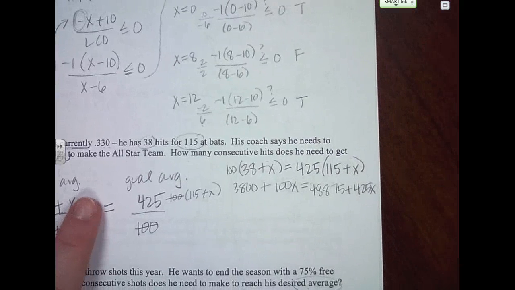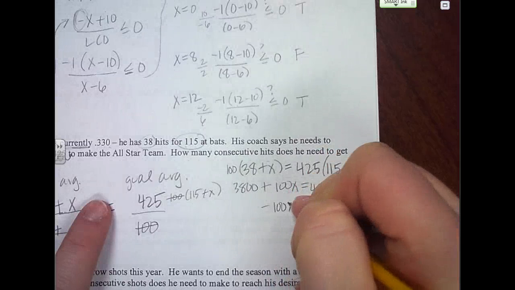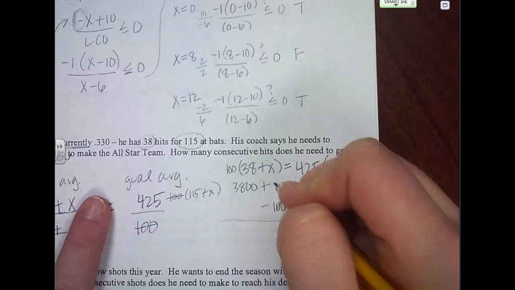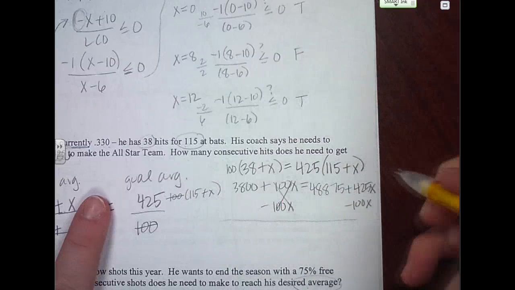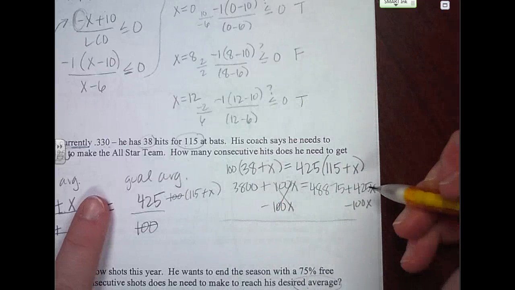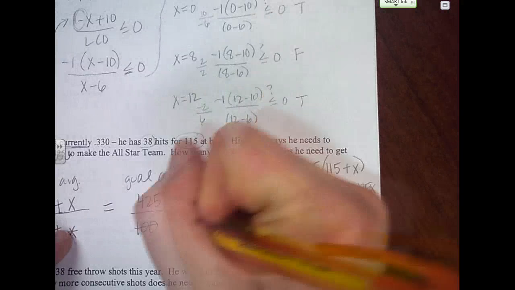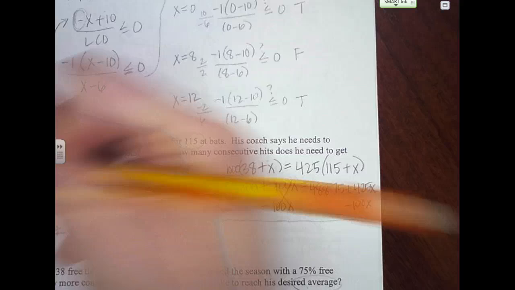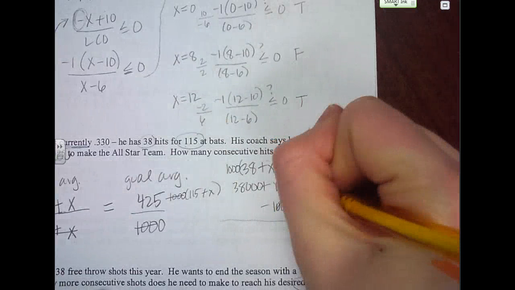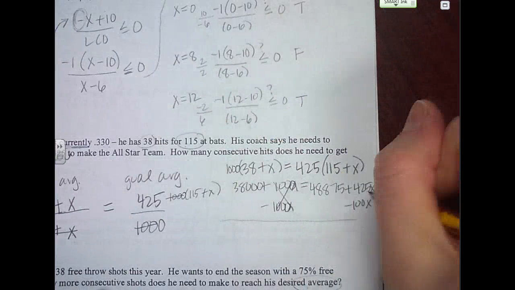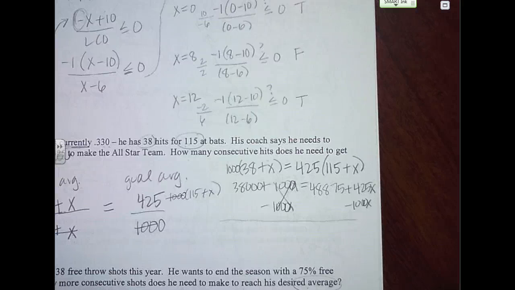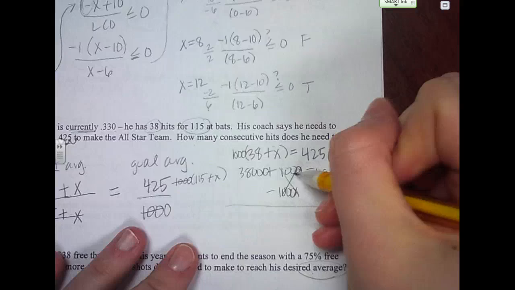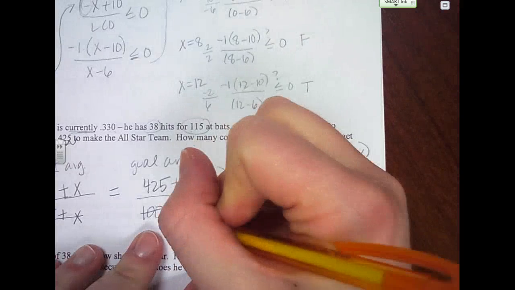Okay, so we want to combine the x's, so I'm going to move the 1,000x to this side, and I'm going to move the number. Oh, that's a 1,000. Sorry, I didn't write 1,000 there. It's going to change that and that and that. Okay, sorry about that. I wrote 100 when I said 1,000. It should have been 1,000.